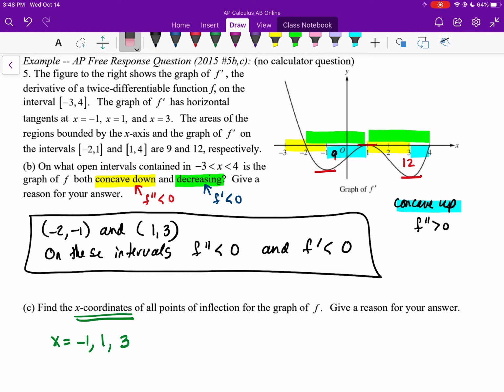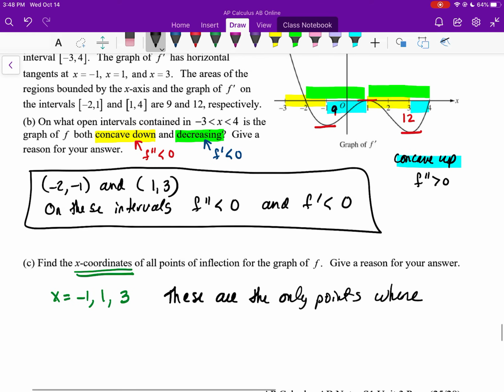They want us to find all points, and so we should give some type of generic disclaimer that we've looked everywhere. Say something like this. These are the only points where f double prime changes sign. That's the reason why we get an inflection point, our second derivative changes sign.